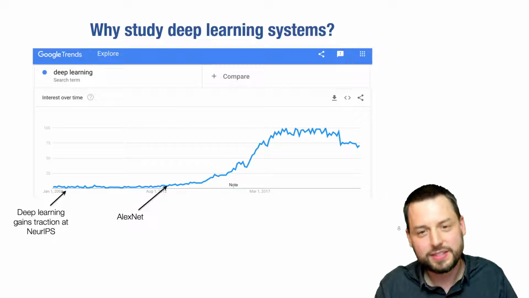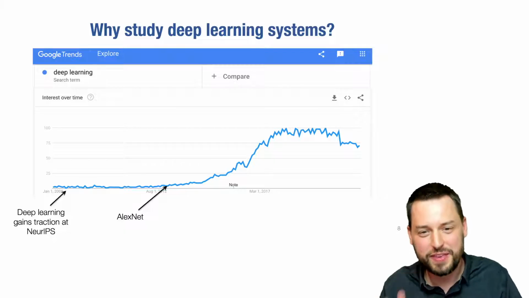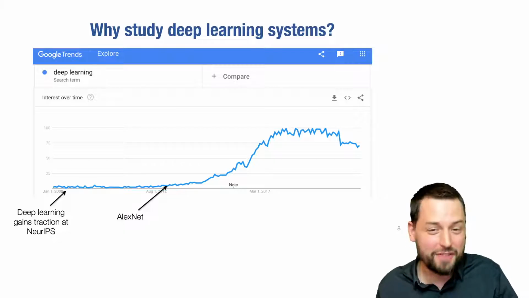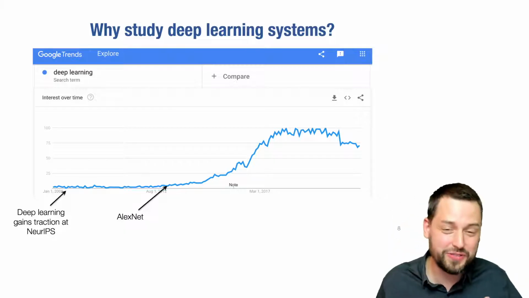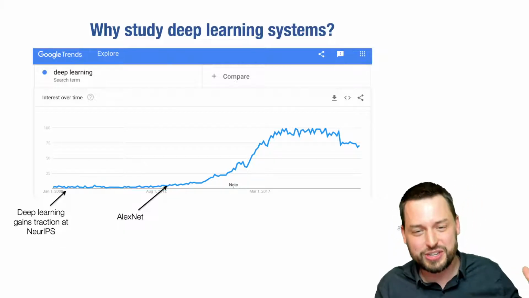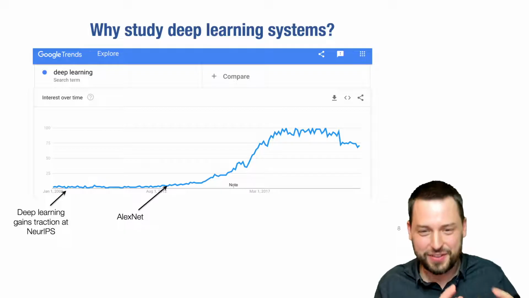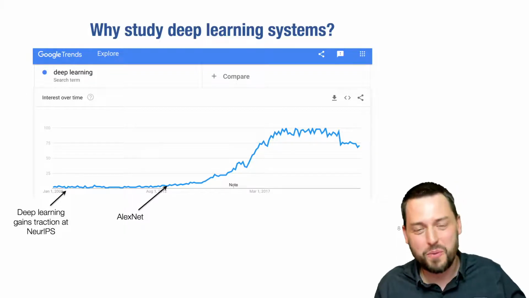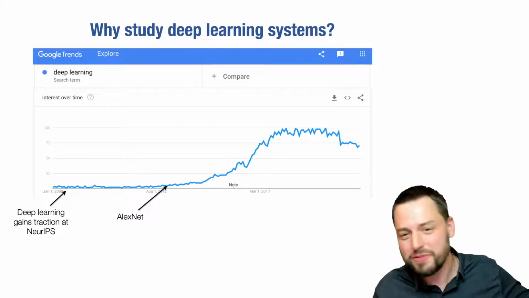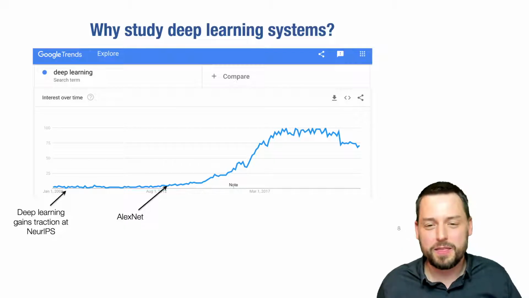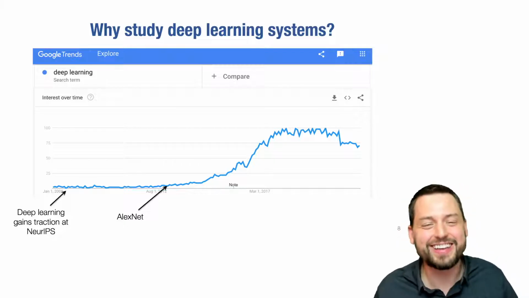Again, this is not a history of the field of deep learning, and I should mention that the actual mathematics of deep learning and neural networks goes back well into the 80s and probably to the 70s. This is just recent history.